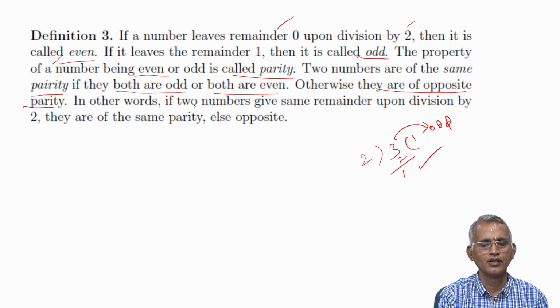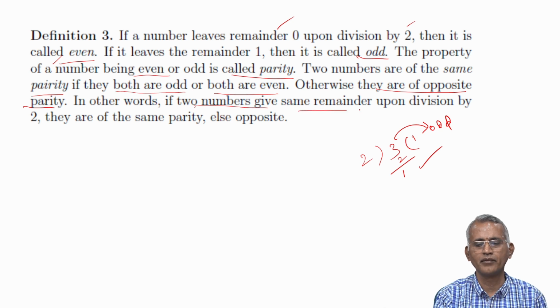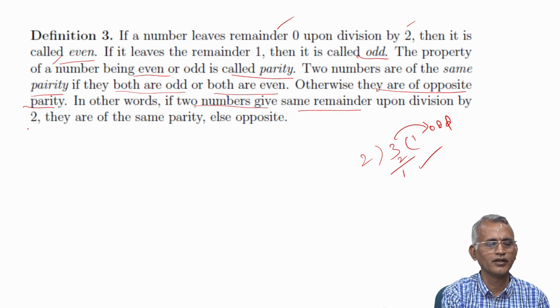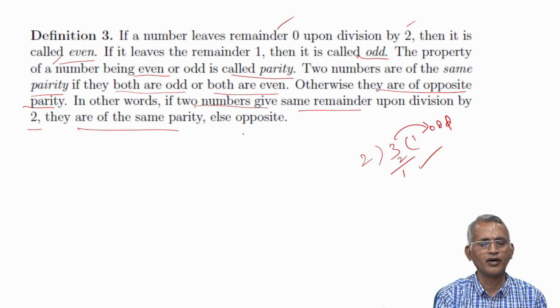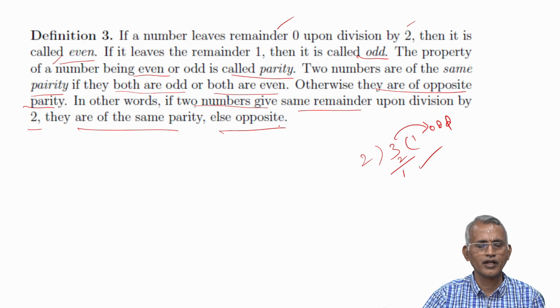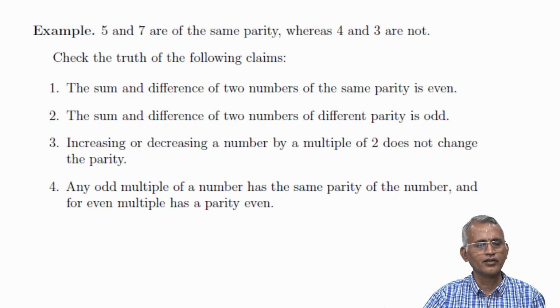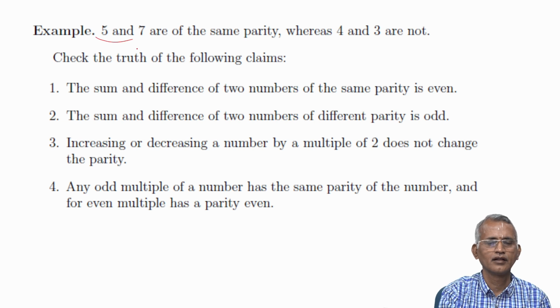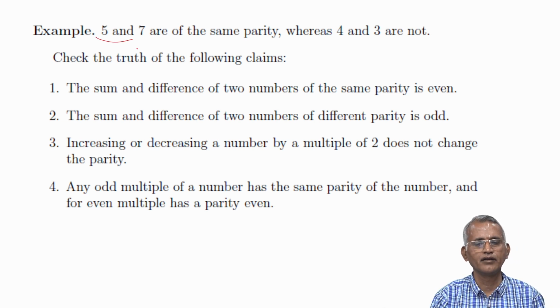In other words, if two numbers give the same remainder upon division by 2, they are the same parity, else they are opposite. Keep this statement in mind so that you can understand the meaning of parity. For example, 5 and 7 are of the same parity, whereas 4 and 3 are not the same parity.